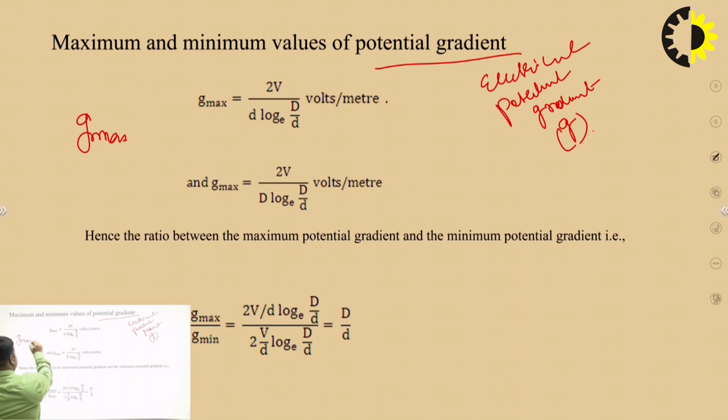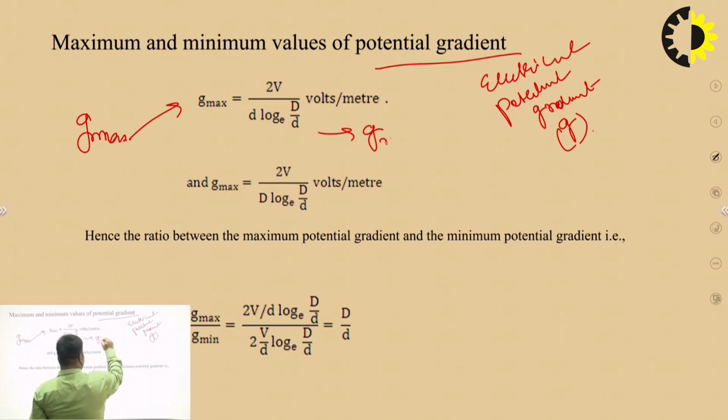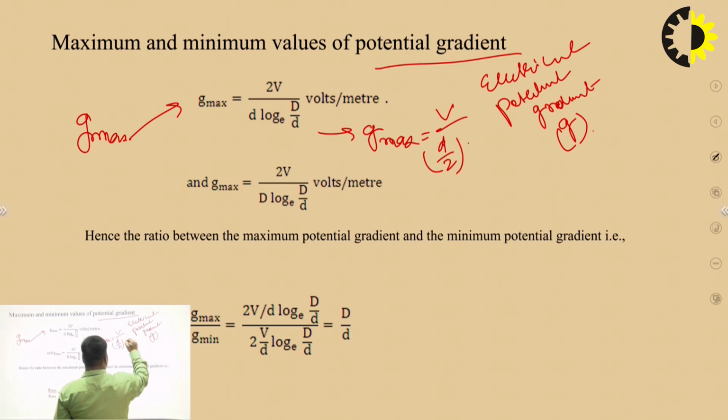So G max equal to V divided by x log D by d, with x equal to d by 2, so G max equal to V by (d by 2) into log base e D by d.